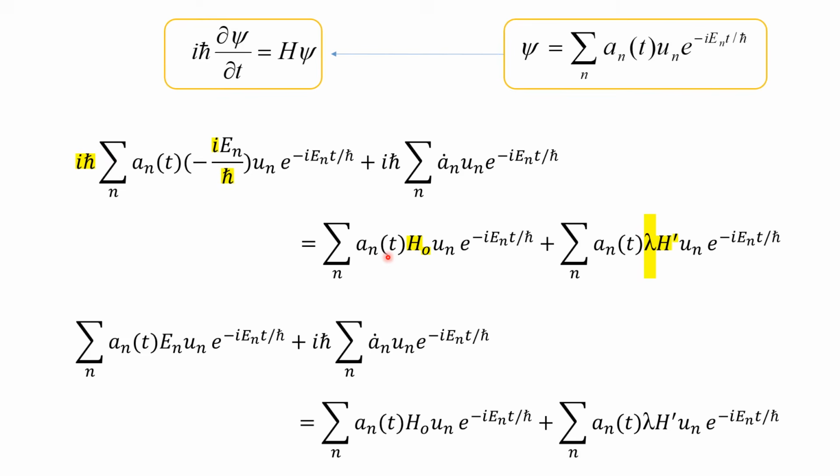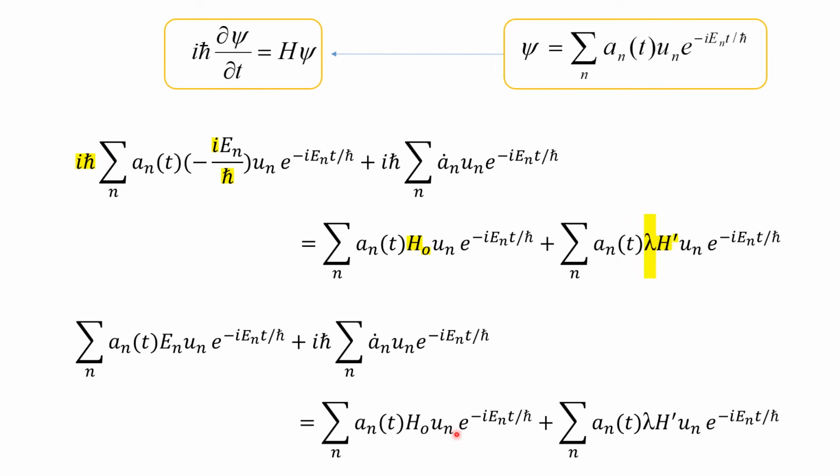If it were a function, you are not supposed to interchange it with the operator, but since it is a number, you can take it to the left hand side of the operator. Whether you keep it on the left hand side or right hand side does not make any change. And the next term is an of the lambda H prime acting on this wave function, that is un e to the power minus i En t over ħ.